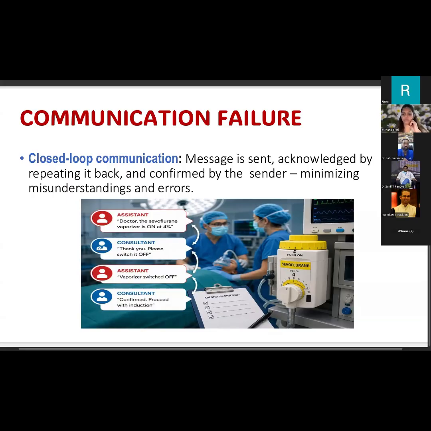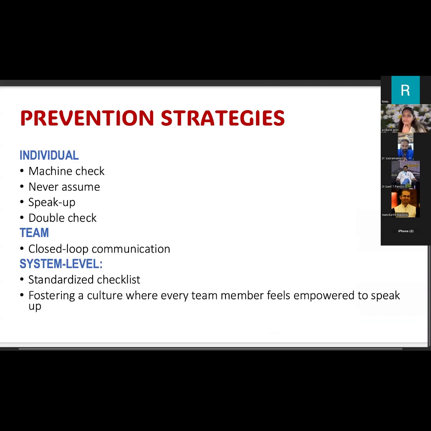Next slide, ma'am. So what are the prevention strategies? Preventing these incidents requires actions at multiple levels. Individually, we must avoid assumptions, perform a structured machine check, and always verify before induction.